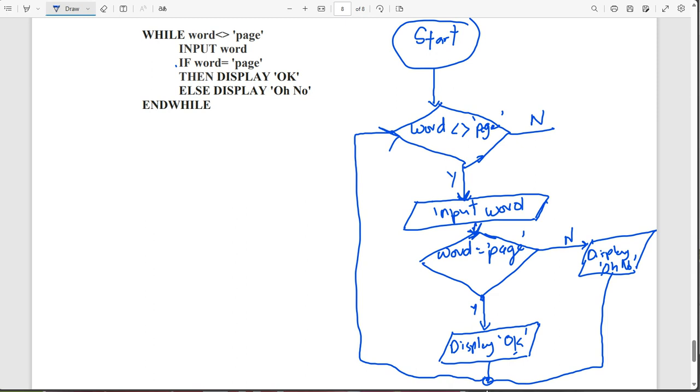Right? And if we had while word not equal to page and it's no, it would just stop. Because we must have one start, we must have one terminate, one end, right? And that would be our flowchart. See, it doesn't look pretty, but it gets the job done, right?